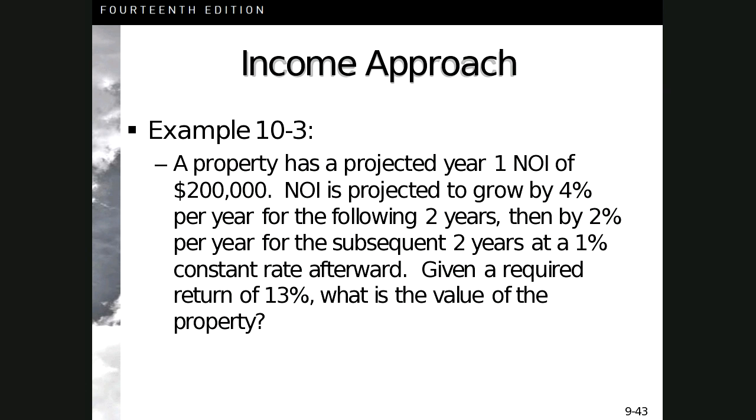Okay, so suppose a property has a projected year one NOI of 200,000. 200 grand.